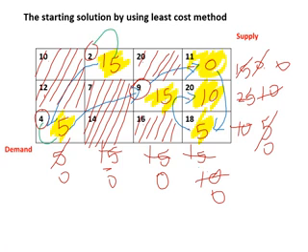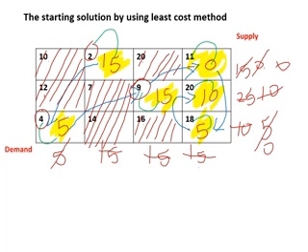Multiplying 2 times 15, 4 times 5, 9 times 9, 9 times 15, 11 times 0, 20 times 10, and finally 18 times 5, and adding them all up to get the value for the starting solution.